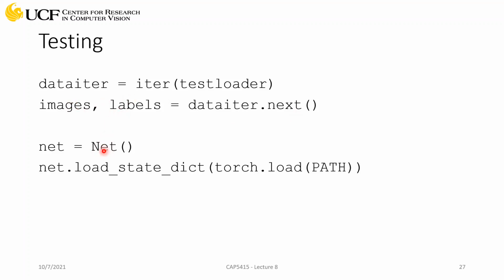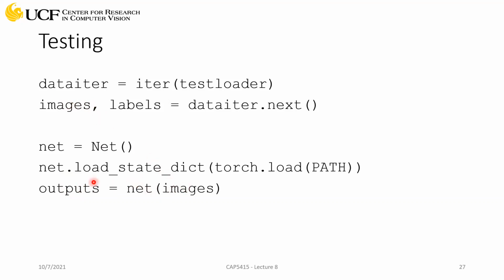And this net is, again, the architecture you have defined, but this one doesn't have the weights which you trained. So we'll have to load those weights from the path where you saved it. And this will ensure that now you have the correct weights which were actually learned. And then you just keep forwarding these images.